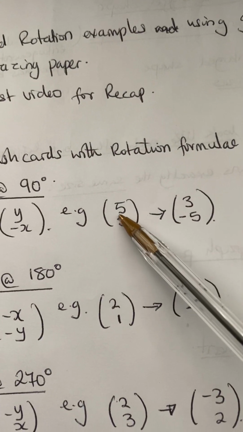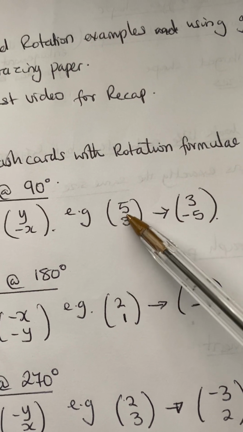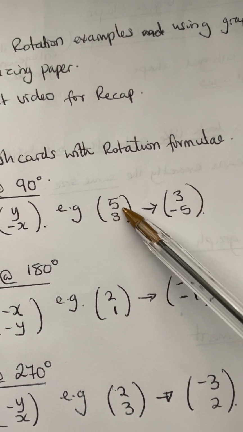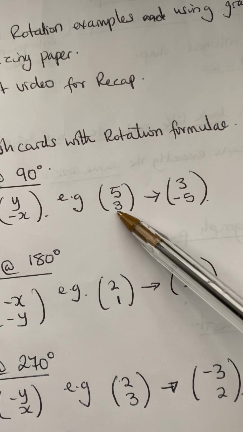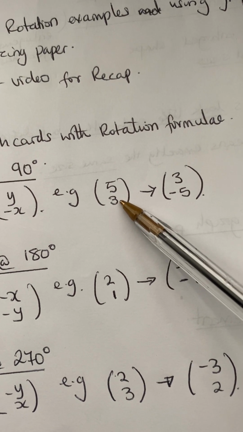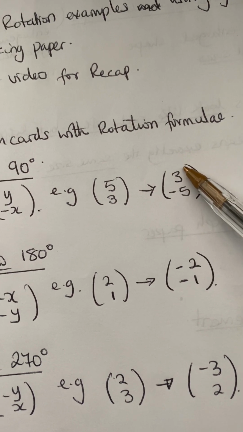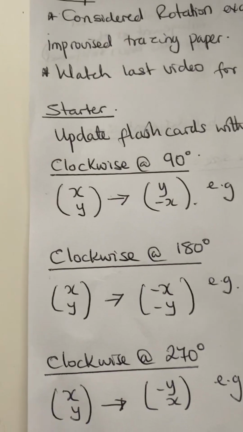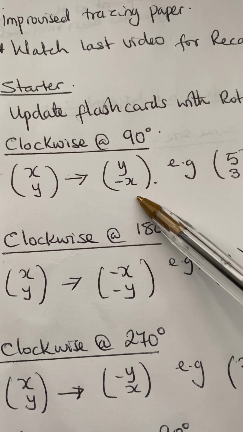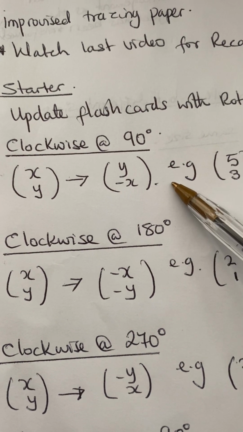So here your y is 3. So if you rotate it 90 degrees clockwise, you will get a new image at (3, minus 5). This is a standard formula you can put on your flashcard.